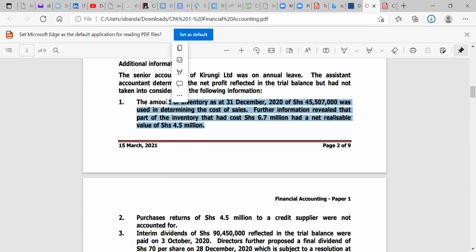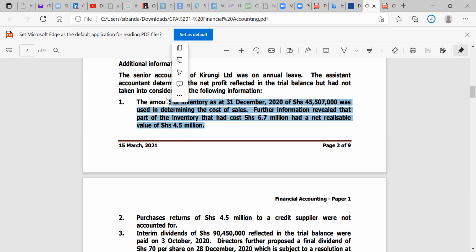And the net realizable value is the selling price, basically what you can sell that inventory for in the market, less the costs to sell. Net realizable value is equal to the selling price less cost to sell.